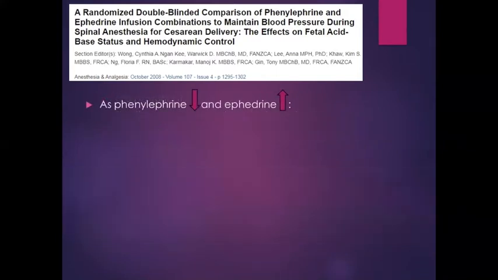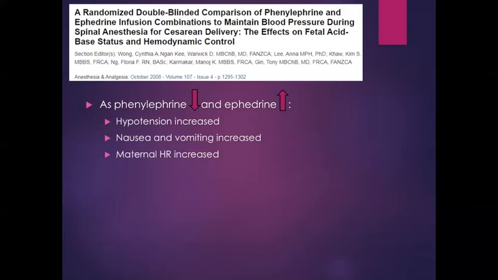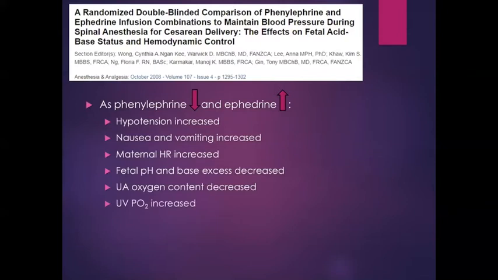And what they found is that as the proportion of phenylephrine decreased and the proportion of ephedrine increased, the incidence of hypotension increased, nausea and vomiting increased, maternal heart rate increased as would be expected, fetal pH and base excess decreased, umbilical arterial oxygen content decreased, and umbilical venous PO2 increased.